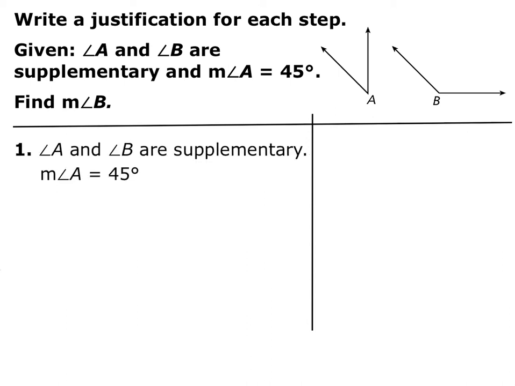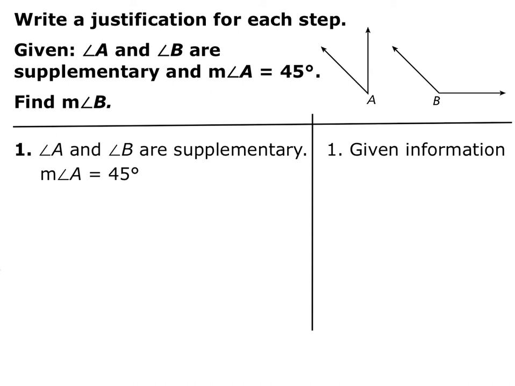So here's some steps. Number the statement and number the reason. Sometimes you can put the given in 2 separate parts or 3 separate parts. I just decided to put it all at one time for this problem. Okay, now I'm thinking about what I'm given. And I notice it talked about angle A and B being supplementary. Okay, clicks in my mind.